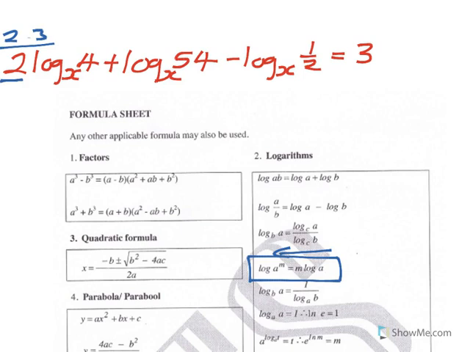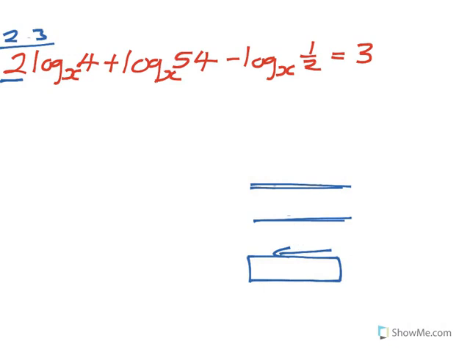And then also we're going to use law 1, whereby when logs are adding, log a plus log b is equal to log ab. So log 4 plus log 54 minus log, now the minus part is log a minus log b, which means we're also going to use this law. So 3 laws are applicable here, which is law number 1, law number 2, and law number 4. When we put on these laws all together, we are going to be able to solve this.